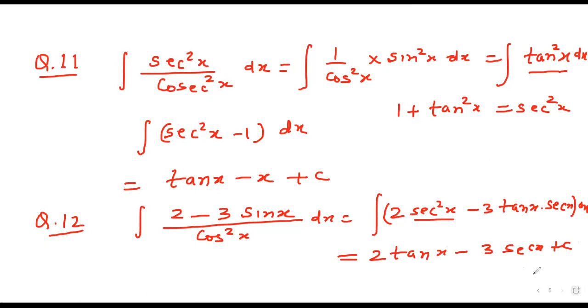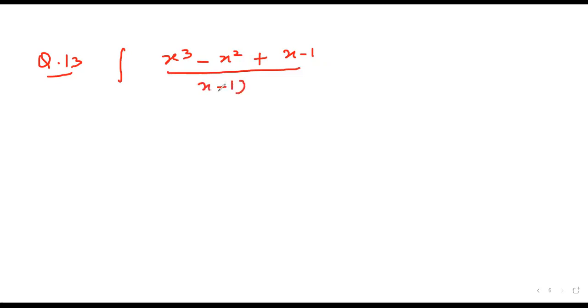Consider two more questions. So question number 13. Suppose we are given integration of (x cube minus x square plus x minus 1) divided by (x minus 1) dx. Here we have to factorize the numerator.